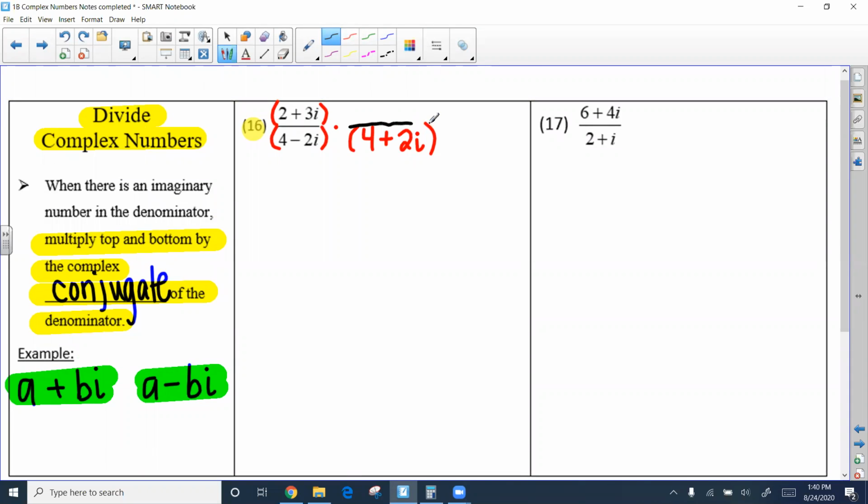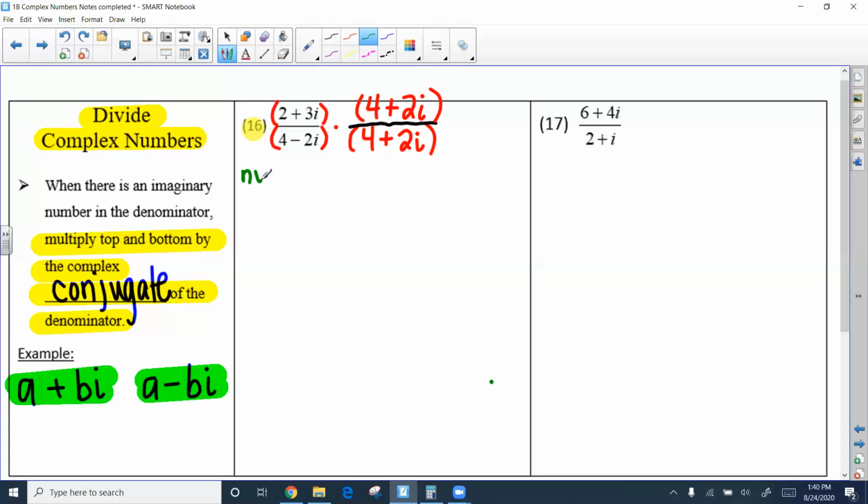Now, if I multiply by 4 plus 2i in the denominator, I have to multiply by the same thing in the numerator. So that means I'm multiplying both the numerator and the denominator by 4 plus 2i. When I'm doing my algebra, I'm going to do the numerator and denominator separately, but we just have to make sure we put our answer together when we're done.